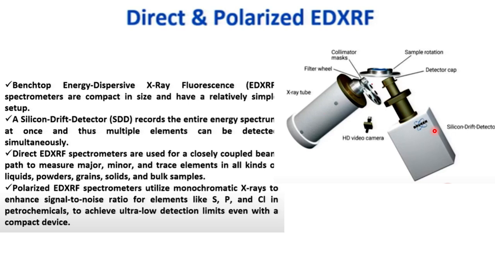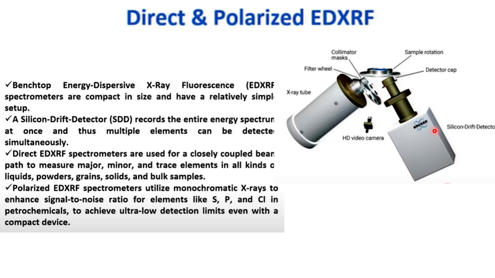Direct EDXRF spectrometers use a closely coupled beam path to measure major, minor, and trace elements in all kinds of liquids, powders, grains, solids, and bulk. So it does not depend on the sample phase or sample morphology.